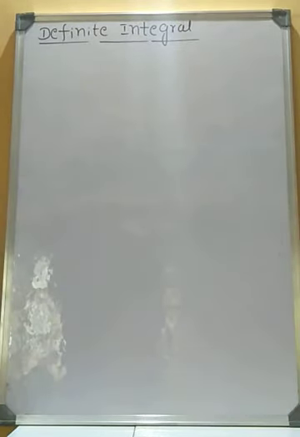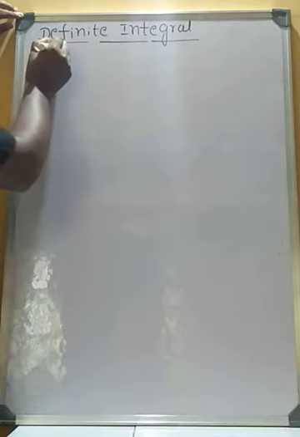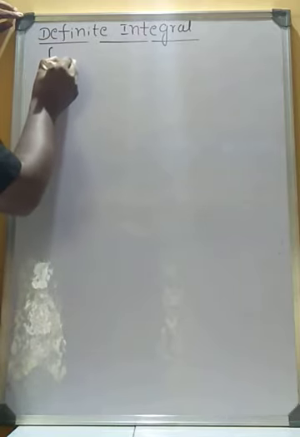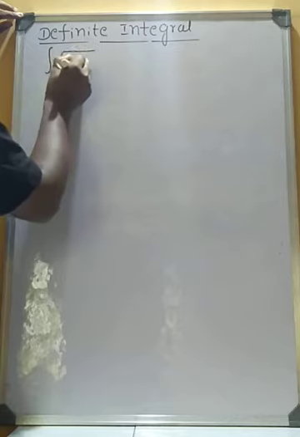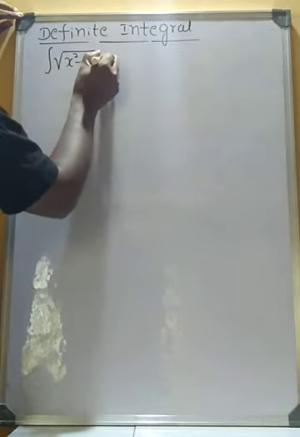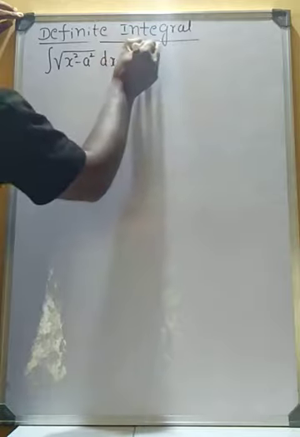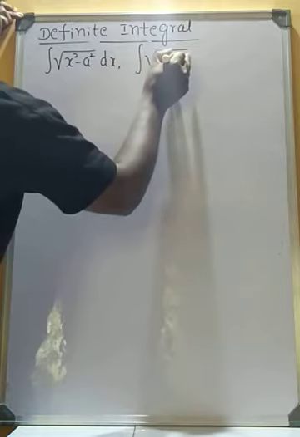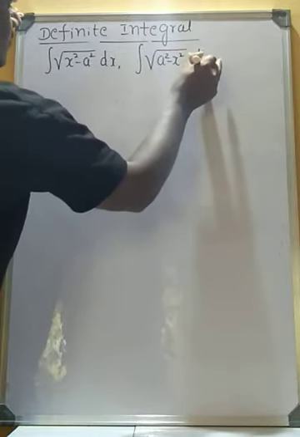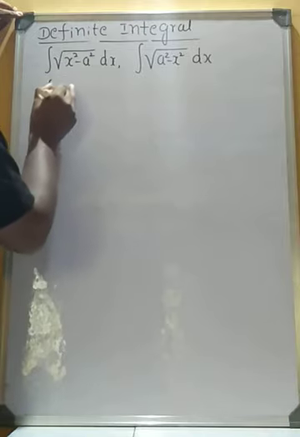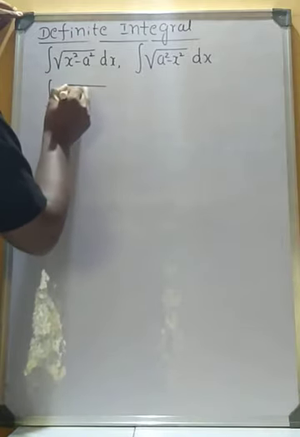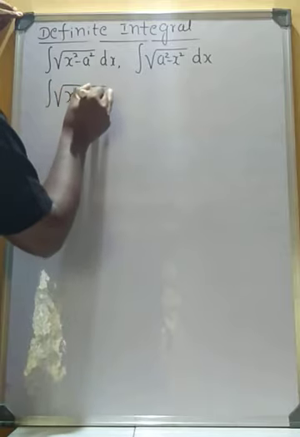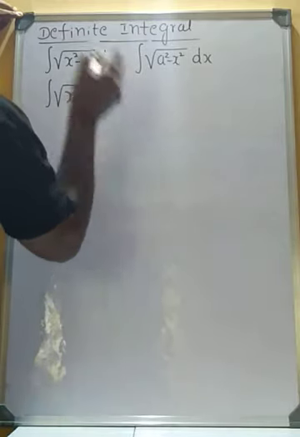Dear friends, in last class we discussed integrals of some more types. That is, the integral of square root of x square minus a square dx, the integral of root of a square minus x square dx, and the integral of root of x square plus a square dx.